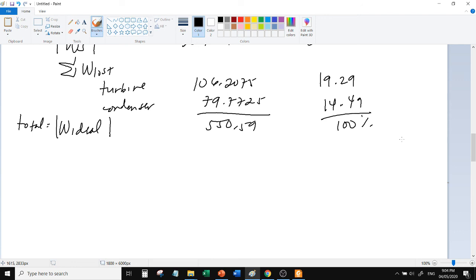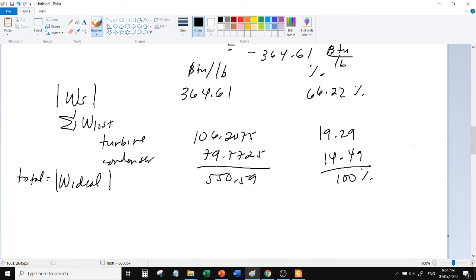Ibig sabihin, yung total nito ay 33.78% na unrealized na work because of the irreversibilities in the turbine and the condenser.